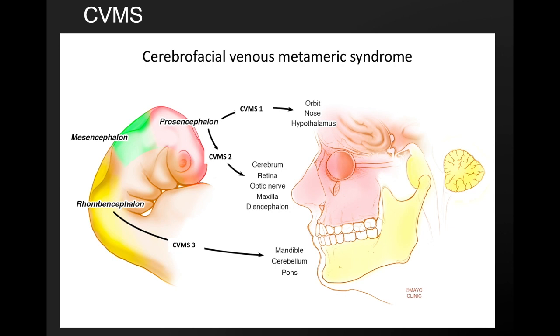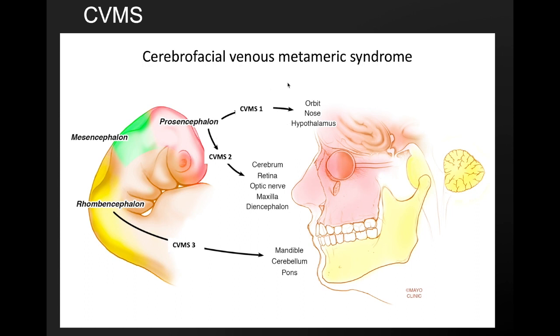So essentially during our embryonic development, we develop in these little segments called metameres, and the tissues, the endoderm, ectoderm, mesoderm, etc. And each metamere goes on to develop or contribute cells to all the structures in that segment.